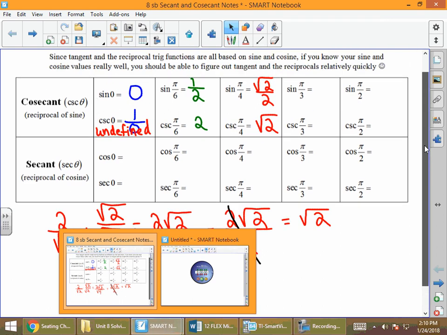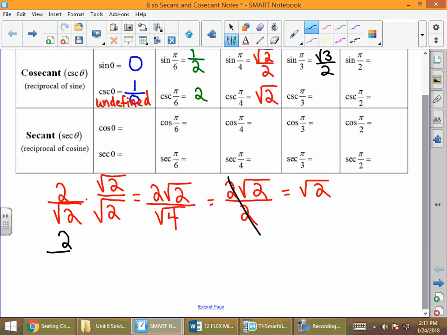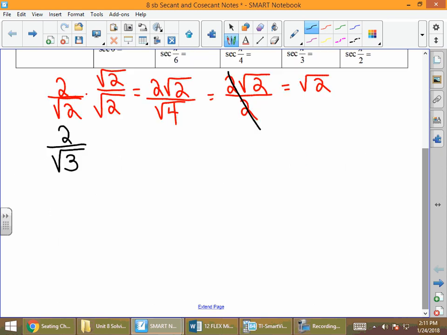When we look at pi over 3, again using the hand gesture, that's going to be our index finger. So the sine of pi over 3 is going to be the square root of 3 over 2. Once again, wait a minute, because the reciprocal of the square root of 3 over 2 is 2 divided by the square root of 3. And once again, just like the tangent, we need to get that radical out of the denominator.